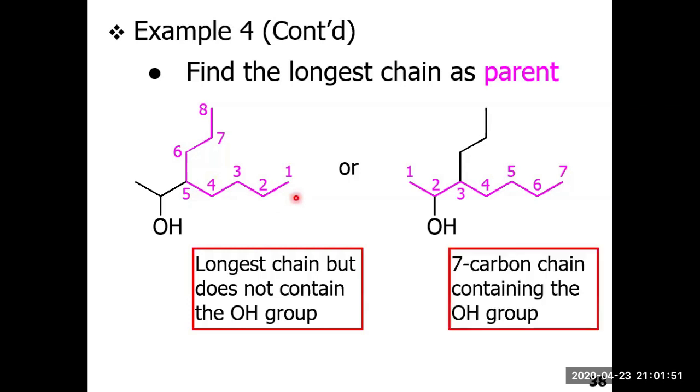In contrast, even if you have 7 carbons here, this chain includes the hydroxyl group. So this manner of choosing the parent chain is the right way and not this one. I hope this is clear.